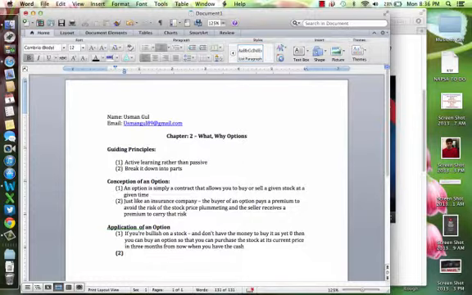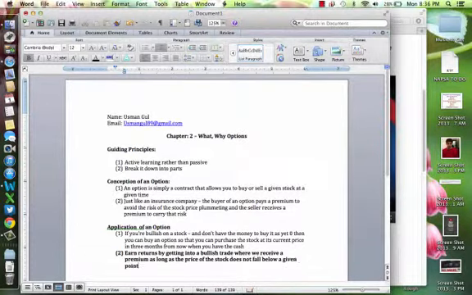The next application he talks about is about 6.5 minutes into the video, where he's saying that essentially here's how we will be using options. We're going to be earning returns by getting into a bullish trade where we receive a premium as long as the price of the stock does not fall below a given point.